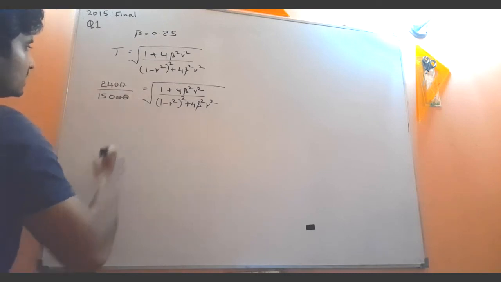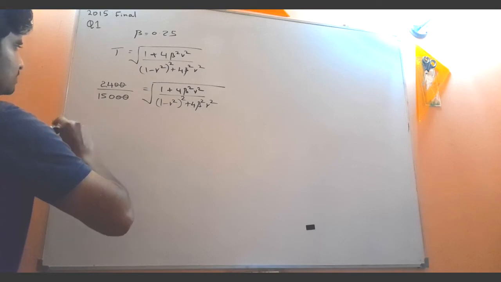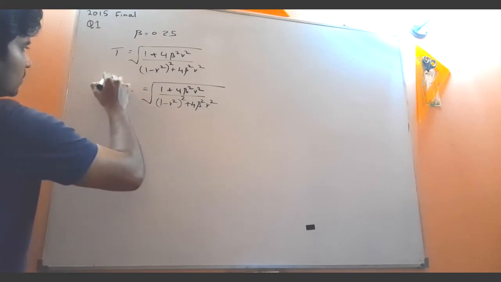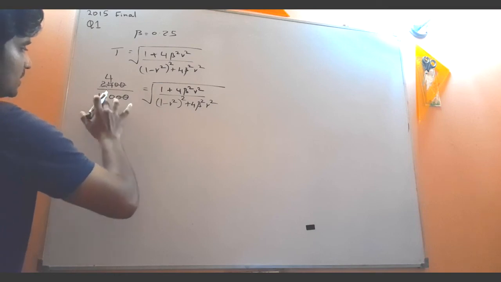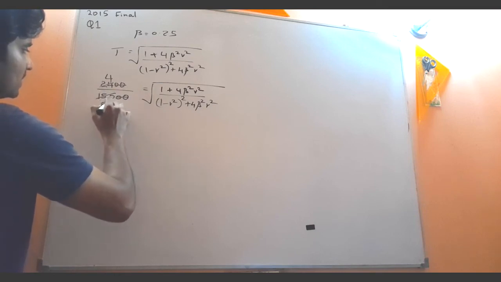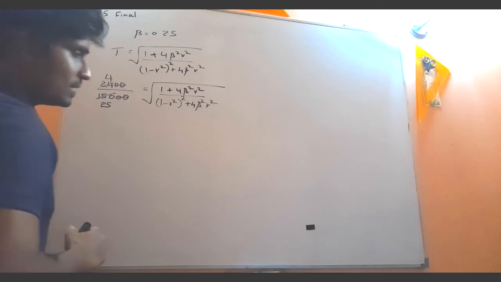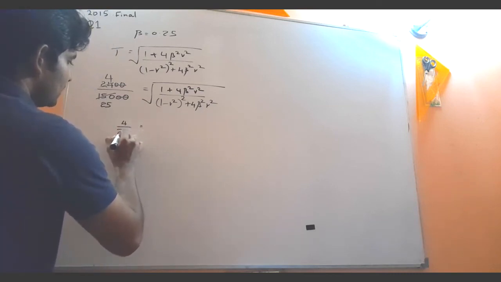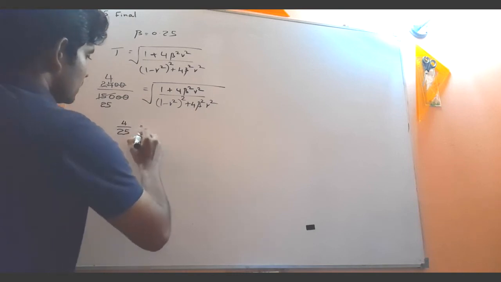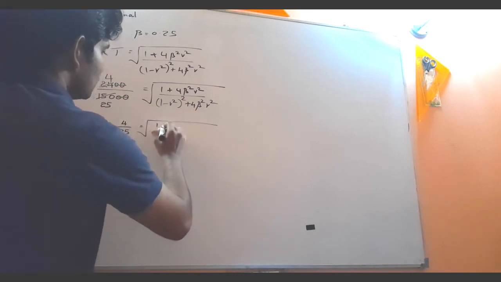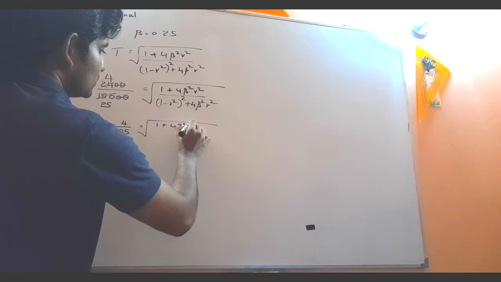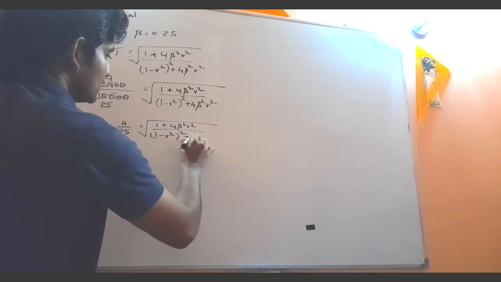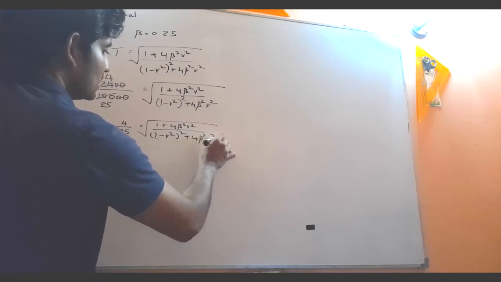Here it is 6 into 4 and here 6 into 25, so that is also okay. Then we have 4 divided by 25 equals the square root of 1 plus 4 beta squared r squared divided by 1 minus r squared whole thing squared plus 4 beta squared r squared, right?